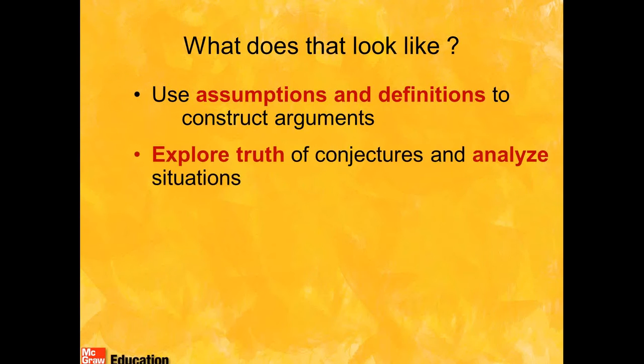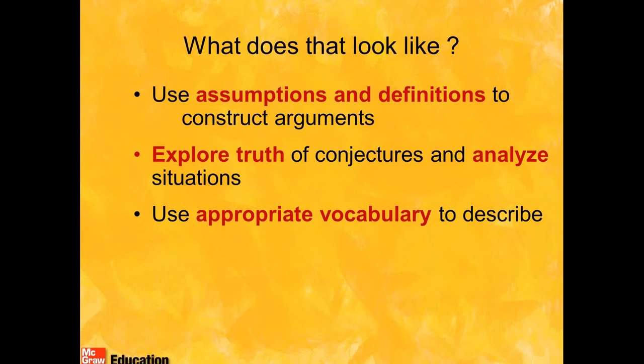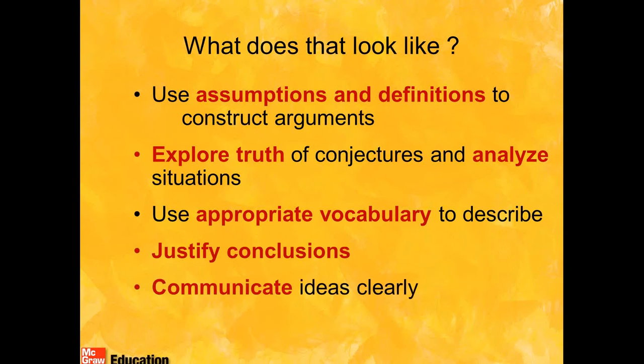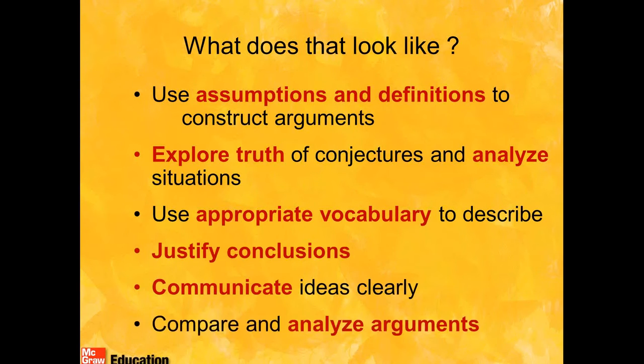They make conjectures or guesses and then analyze the situation. They use appropriate vocabulary in describing the situation and in describing the paths to the solution. They justify their conclusions, they communicate their ideas clearly, and lastly, they need to compare and analyze the arguments.